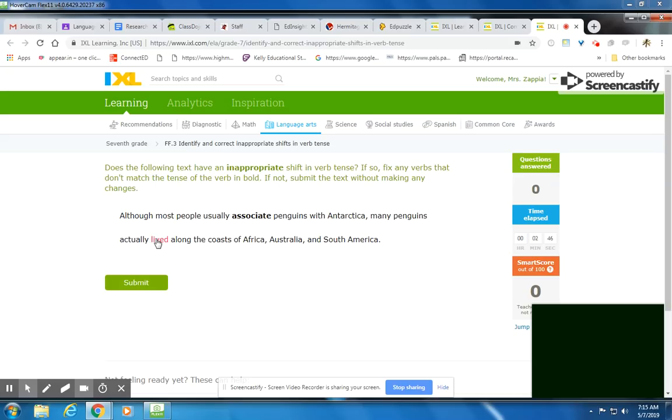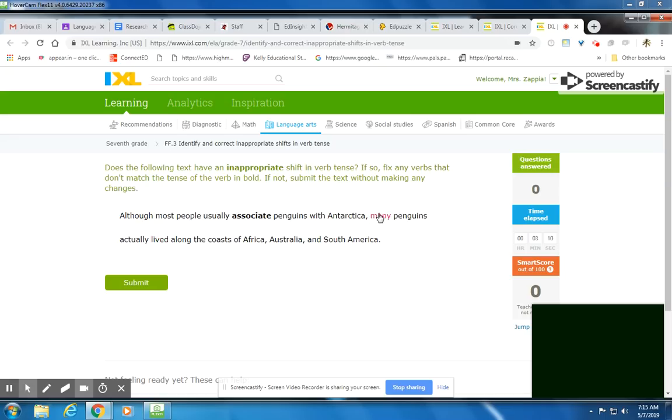So let's see if there's any clue words that make this shift acceptable. Although most people associate penguins with Antarctica, many penguins actually lived along the coast of Africa, Australia, and South America. Now, I'm not seeing any specific clue word that would indicate that this was just in the past tense, that this happened, and that in the present tense people associate it.